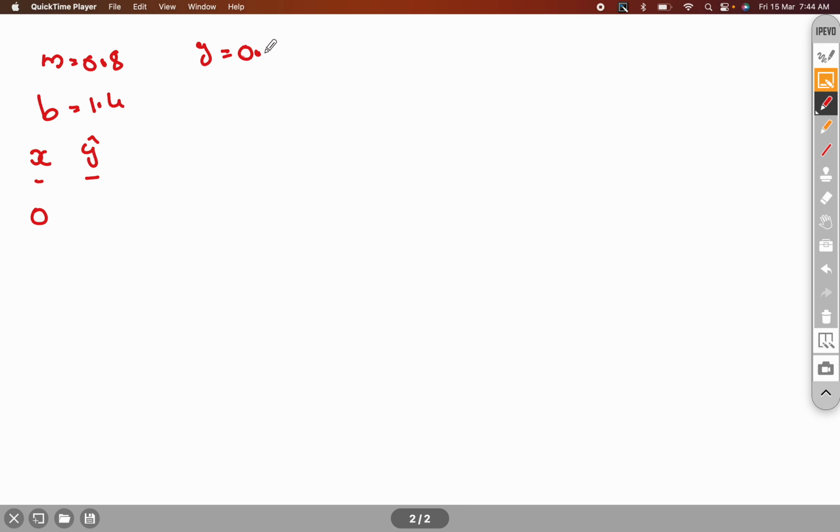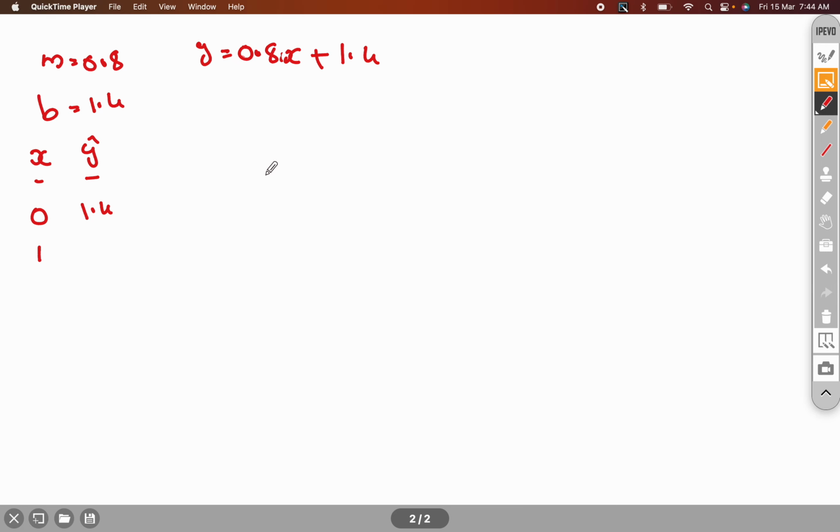Here we have 0.8 x, and b is equal to 1.4. So here when x is equal to 0, this term is 0 and we will have 1.4. So y cap is 1.4.